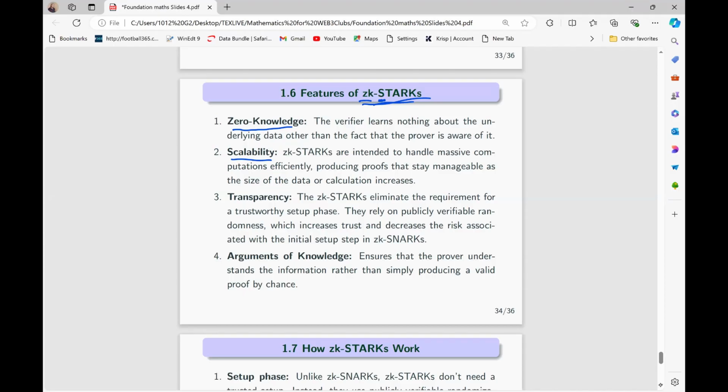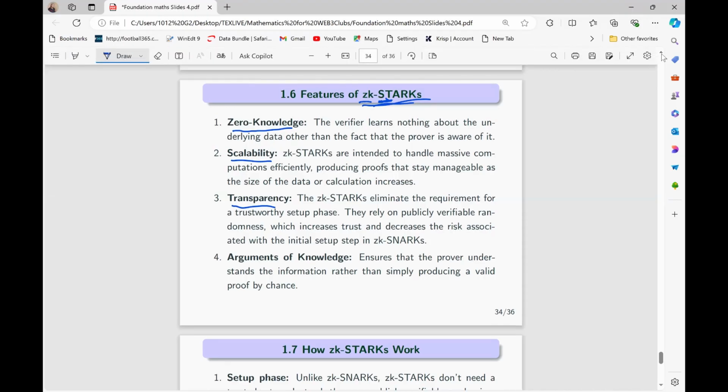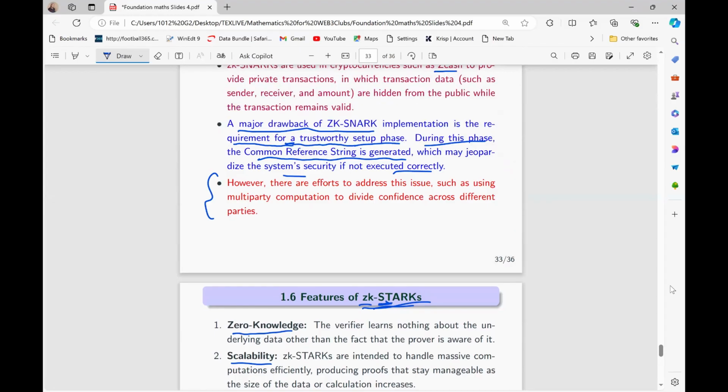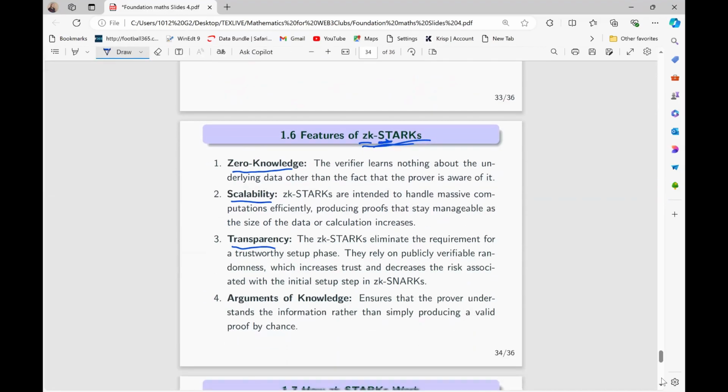Then there is this T that stands for transparency. I think I skipped somewhere. Did I skip something? It's okay. So I think the only thing I needed to say was just that this is an abbreviation.